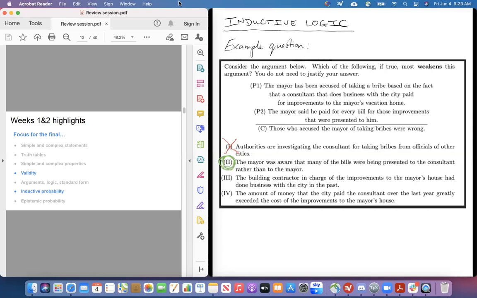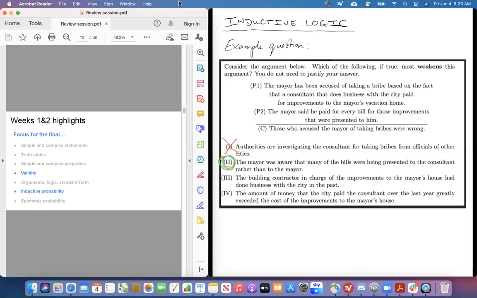Now, if the mayor knew that all of the bills were being sent to the consultant and just knowingly let it happen, but then responded to these critics by saying, who, me? I didn't even get any bills, his whole argument starts to look very shady. And so that's why this is the correct answer here.